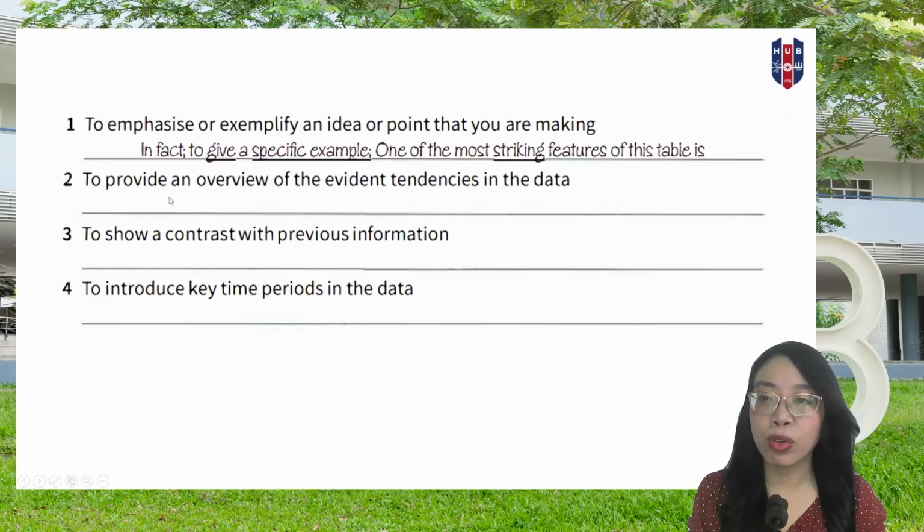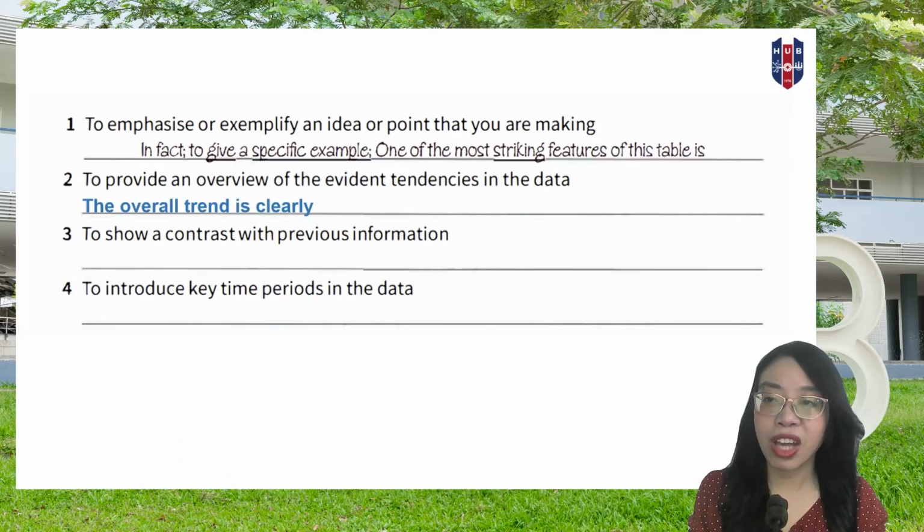For number 2, to provide an overview of the evidence, you can say "the overall trend is clearly something," or "the overall trend is." To show a contrast with the previous information, then you can say "however," right?